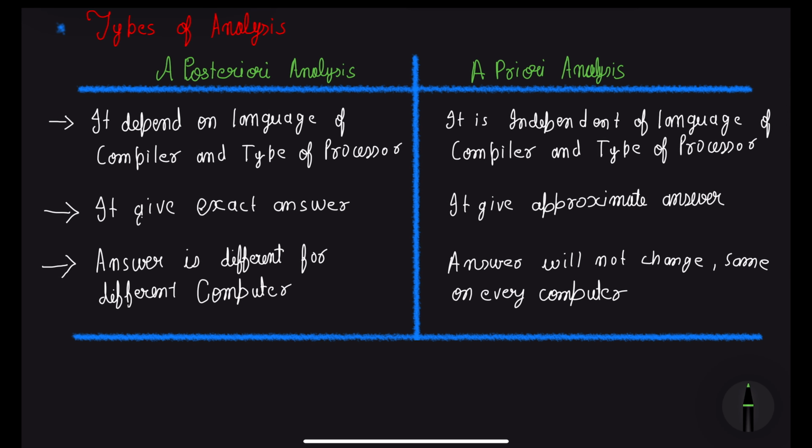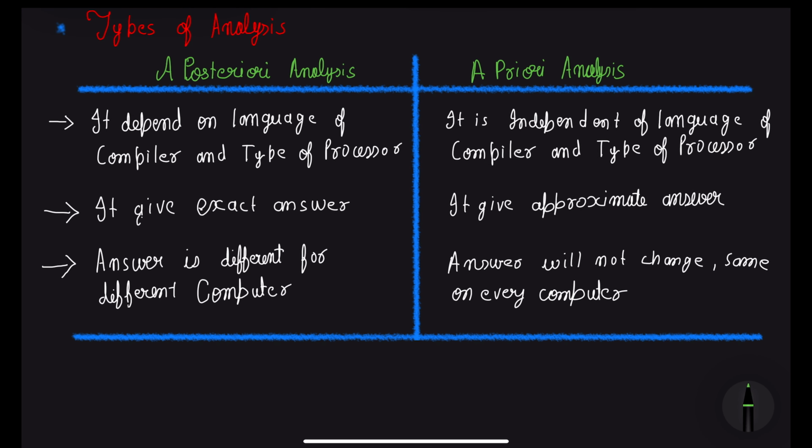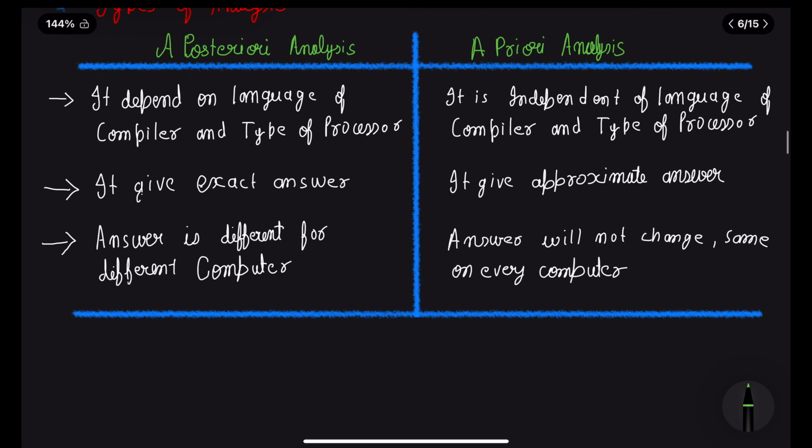It is manually calculated and no processor or compiler is involved, so it can be calculated even before the execution of the program. In posteriori analysis, we get the answer like 0.1 microsecond or 0.2 millisecond, but in a priori analysis we get the answer in terms of notation, which is big O of n or big O of n square.